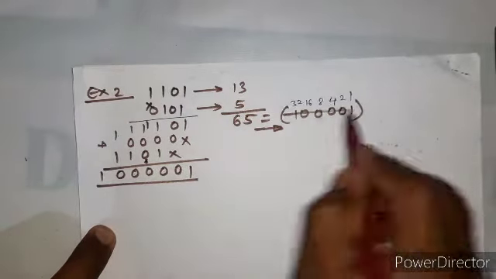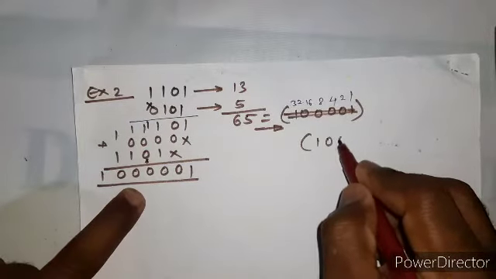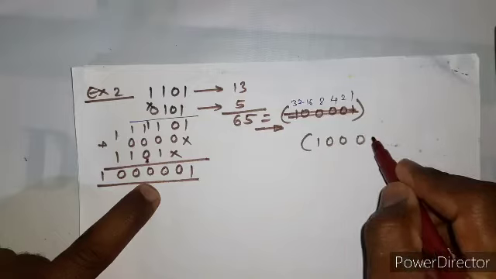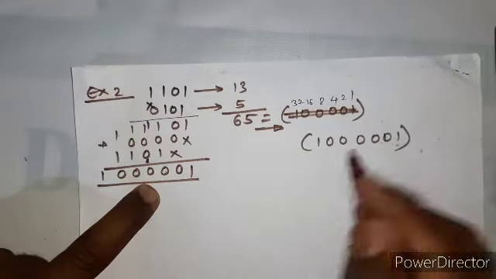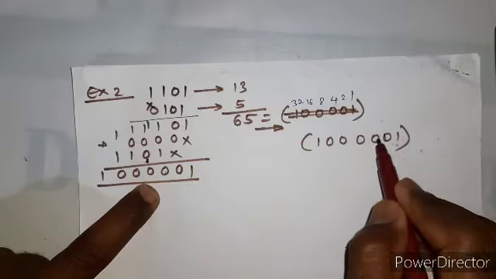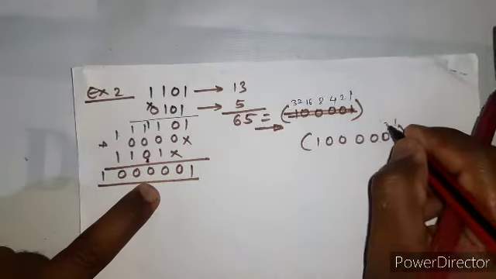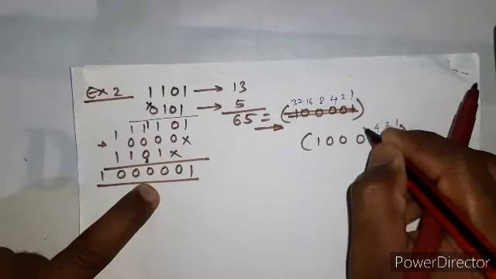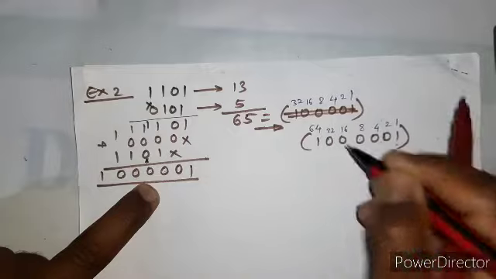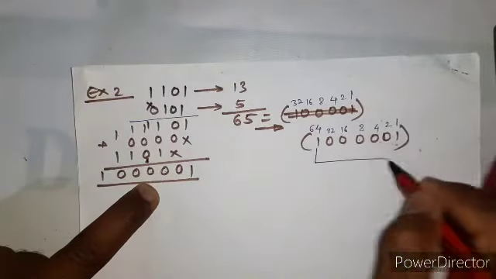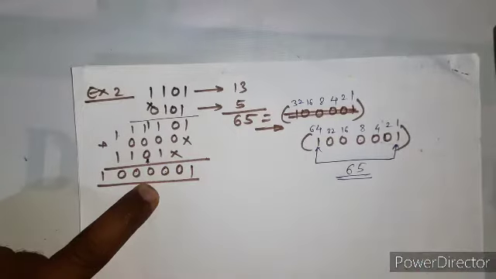So I need to take this number 1 0 0 0 0 0 1, with 5 times 0, 1 2 3 4 5. And then this becomes 1 2 4 8 16 32 64. So 64 plus 1 is equal to 65, right?